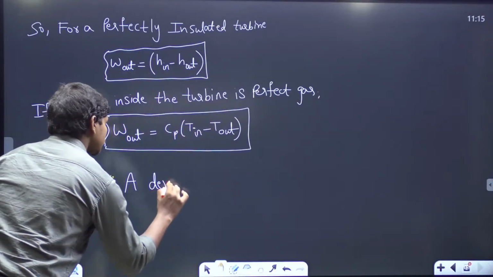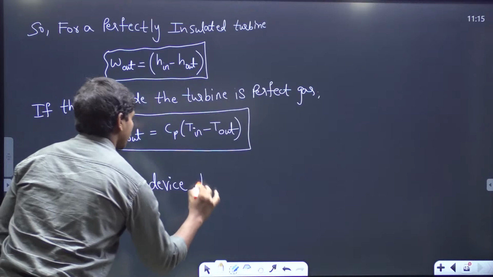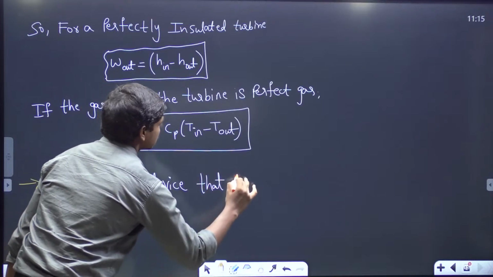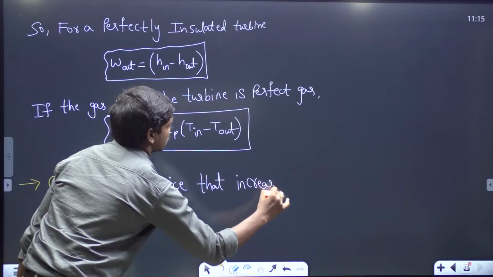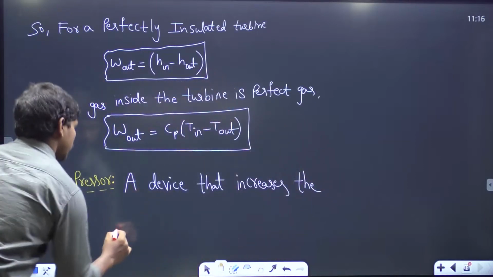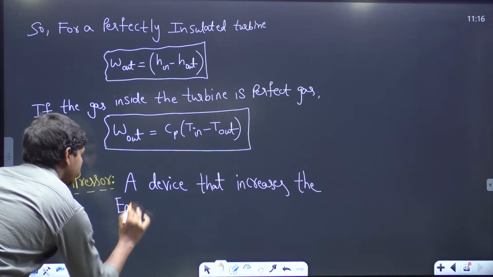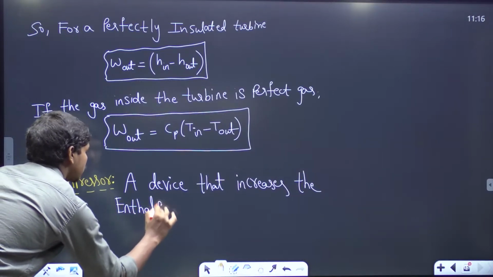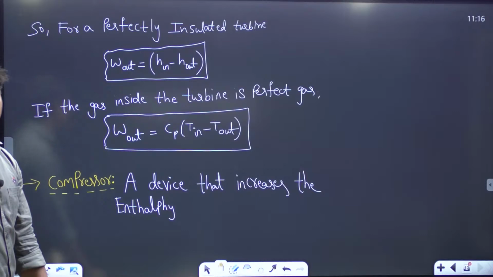a device that increases the enthalpy of the fluid, means basically it increases the pressure energy, means it tries to increase the pressure of a gas. Correct?